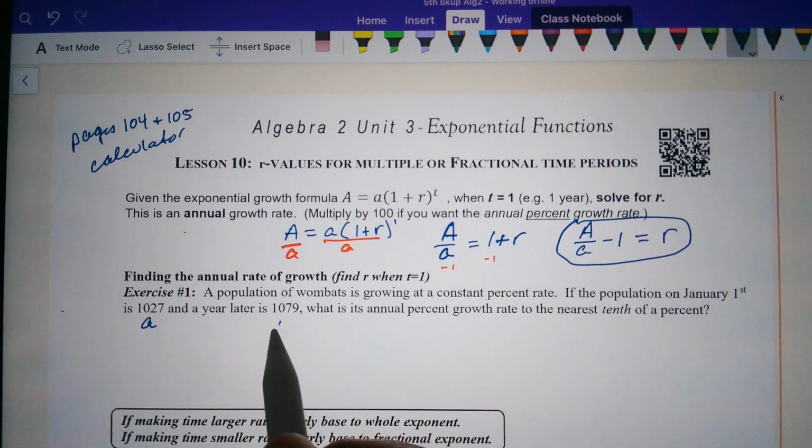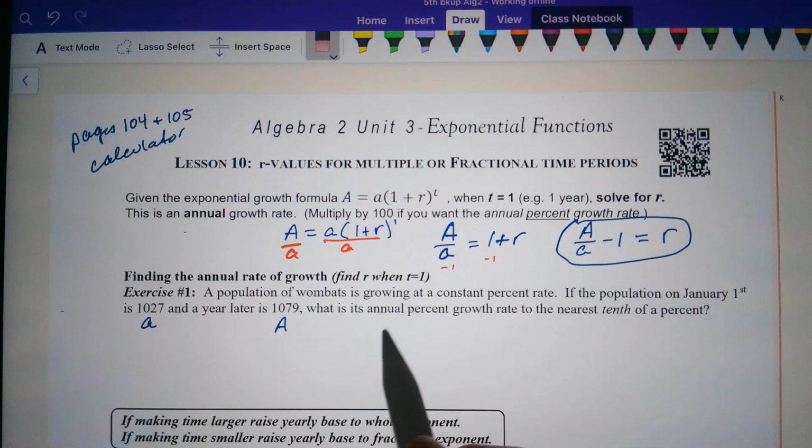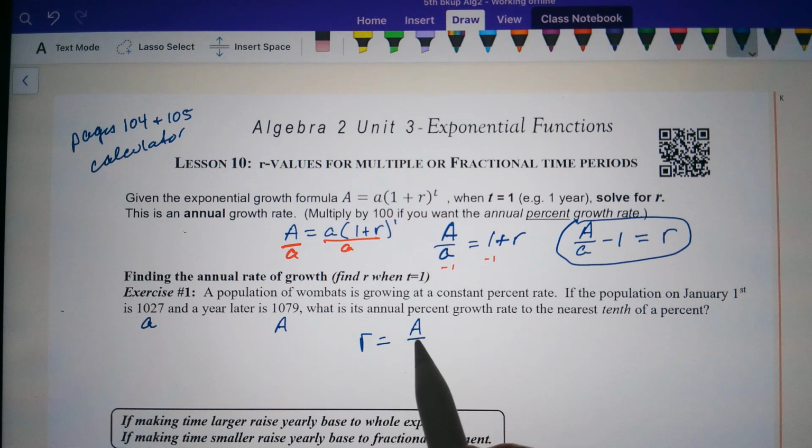And a year later, the population is 1,079. Using our formula above, r equals capital A over lowercase a, subtract 1, we get 1079 divided by 1027. Subtract 1, go to the calculator.